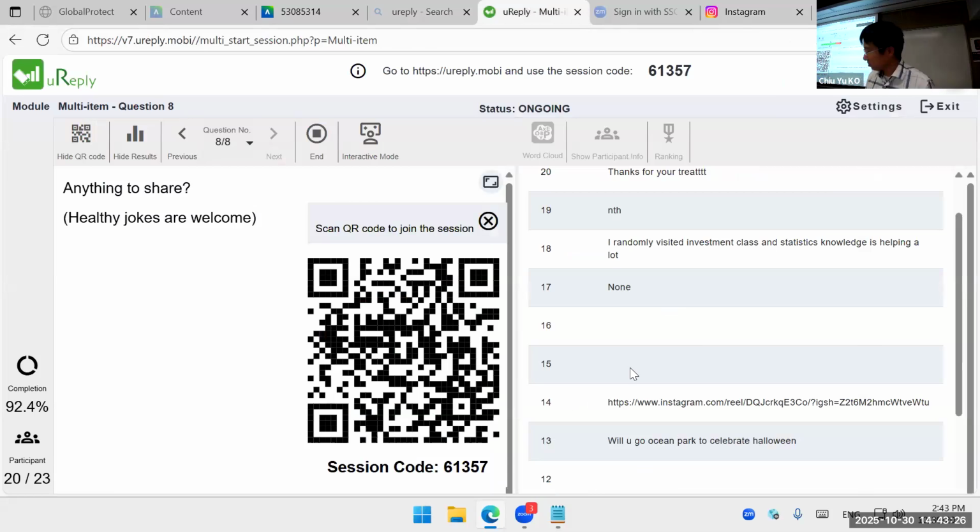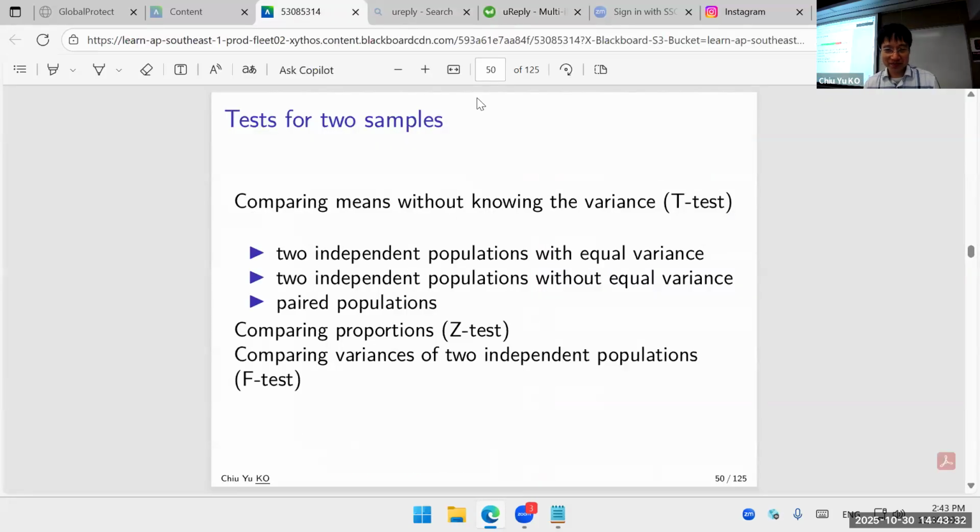But anyway, we have good fans for the joke. I think we haven't had this kind of joke for a very long time, because they used to send me all kinds of crazy jokes. But this cohort doesn't seem to like to share this kind of nonsense, but that's okay.